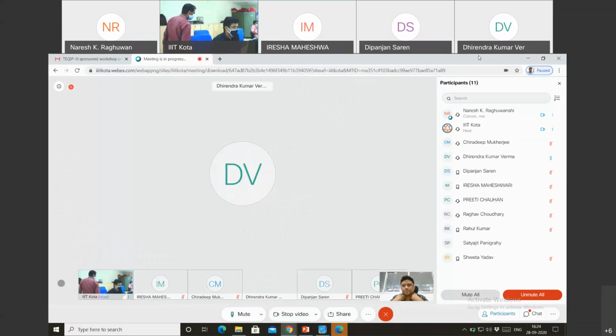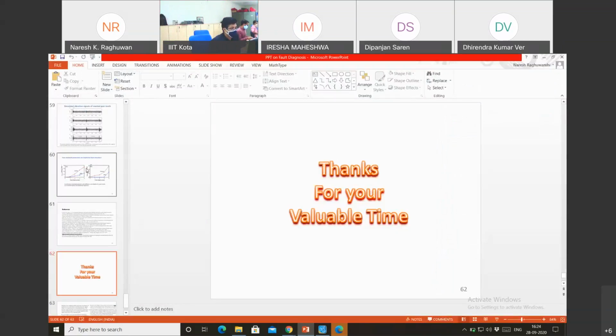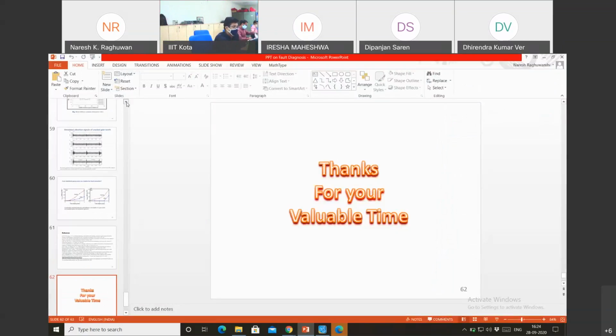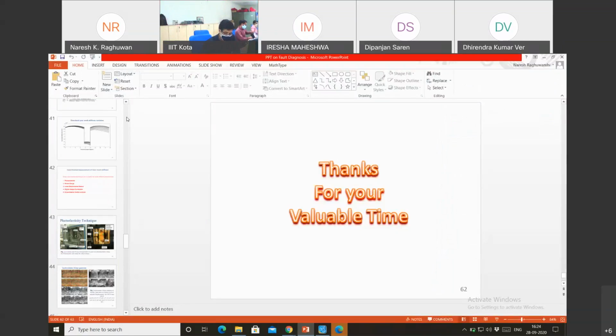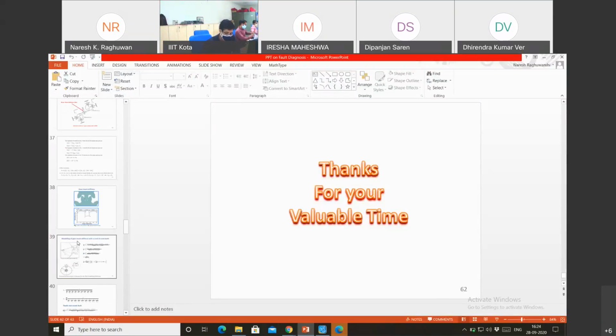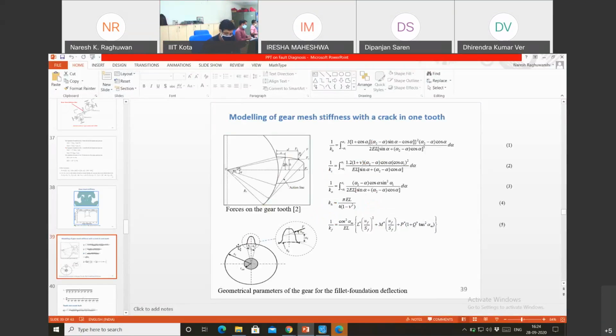One question I would like to ask, from your slide number 38 and 39. Here you are calculating the gear mesh stiffness with a crack in one tooth, right?